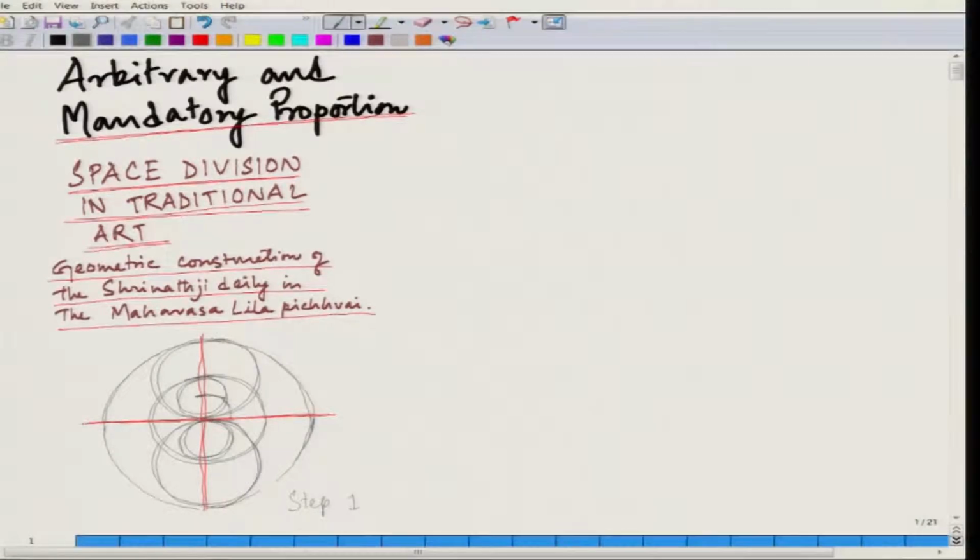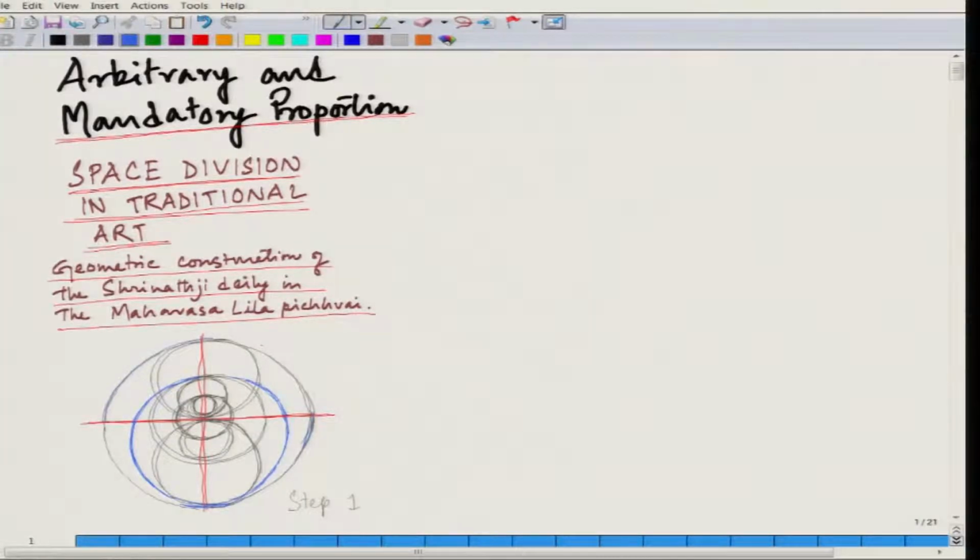You create another circle in between and another small circle inside that. They are all constructed in relation to another circle that finally operates the whole composition detail.